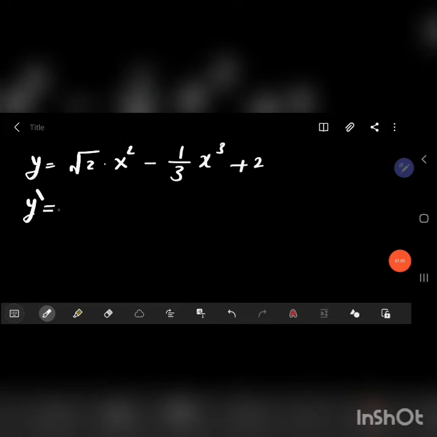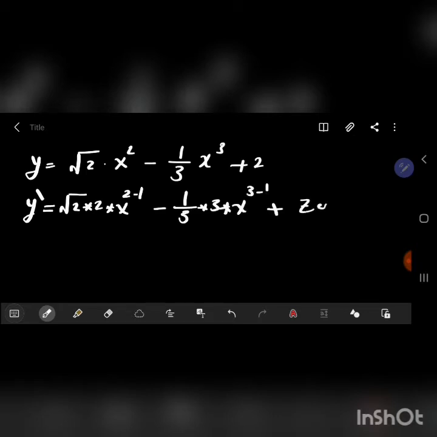Y prime equal to, now 2 square root of, 2 by x to the power 2 minus 1, minus 1 over 3 by 3 by x to the power 3 minus 1, plus 0. Why 0? Because the derivative of any constant is 0.